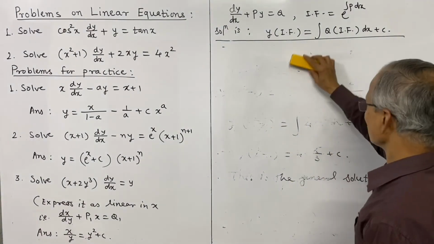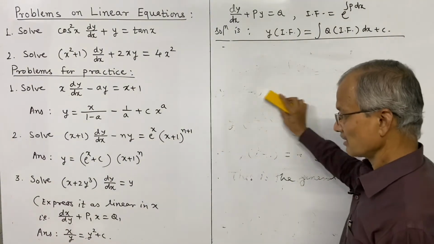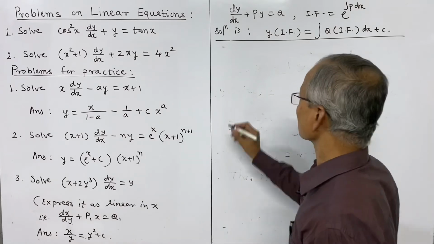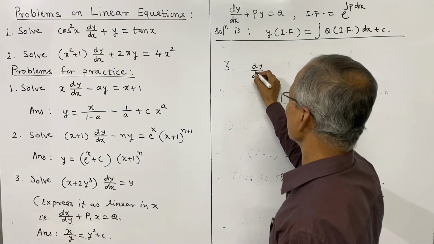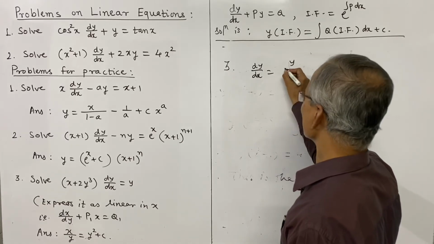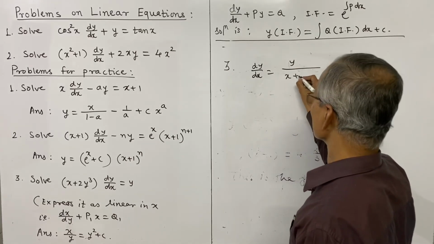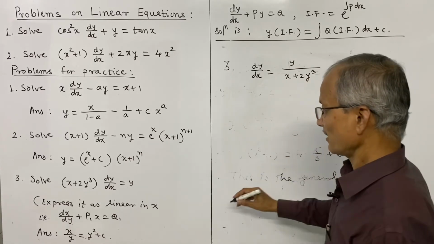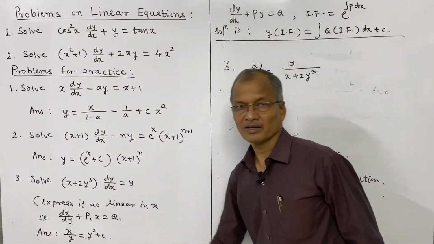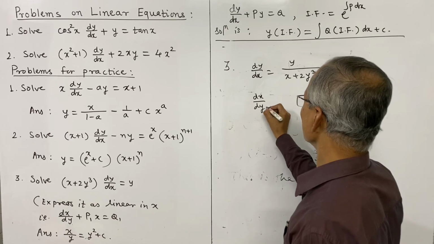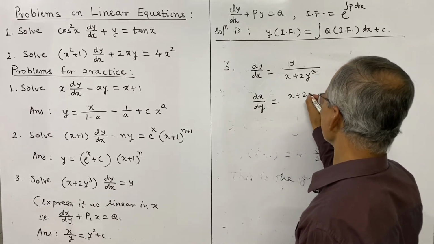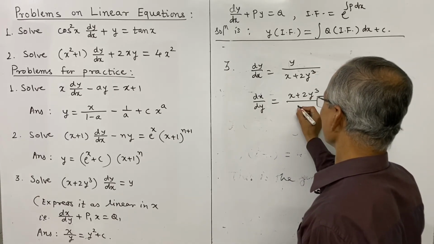How to express that is also easy, and for that purpose we can write for the third example, dy by dx as y divided by x plus 2y cube, but we want dx by dy. So taking the reciprocal, we get dx by dy is x plus 2y cube divided by y.